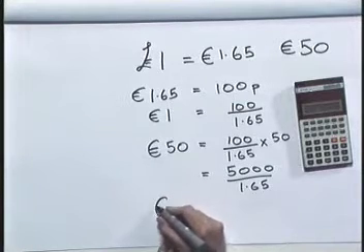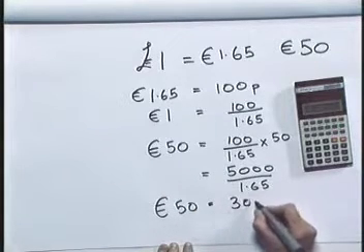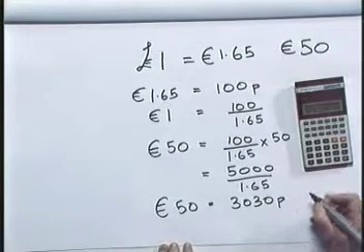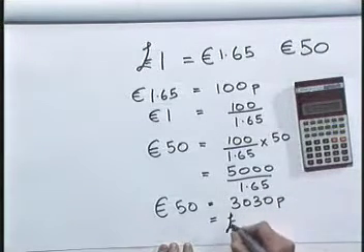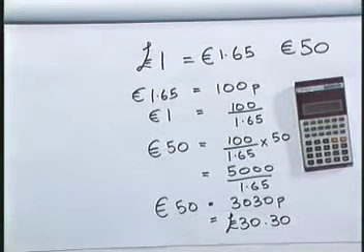So 50 euros equals 3,030 pence to the nearest pence, which is £30 and 30p.